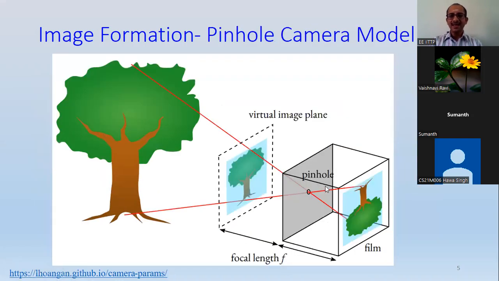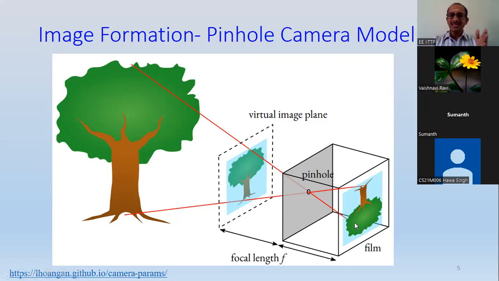The idea here is if we just see with a small pinhole, then the information of the object comes there and gets projected on the image plane at different locations. What happens here? Because each point gets traversed through this pinhole, we get an inverted image of the scene.